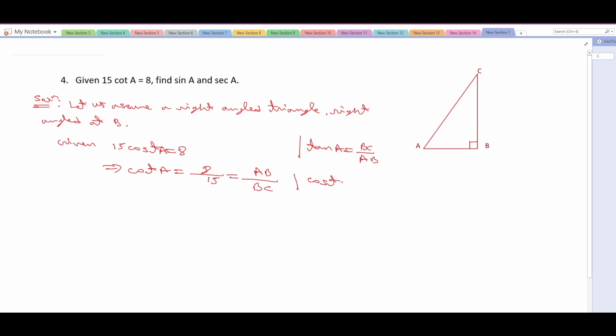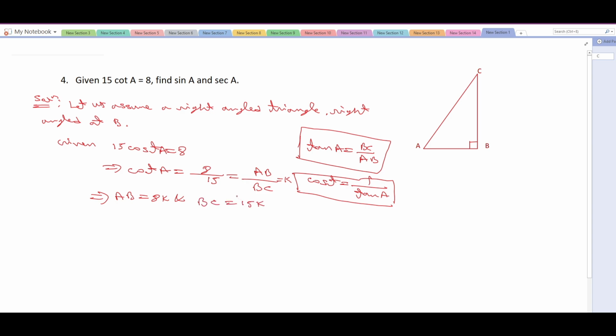Since cot A equal to 1 by tan A, let this be equal to K, where K is a positive number. Therefore AB equal to 8K and BC equal to 15K.